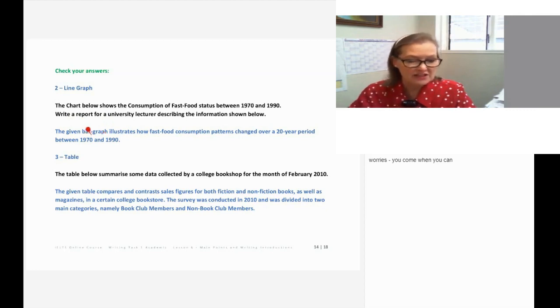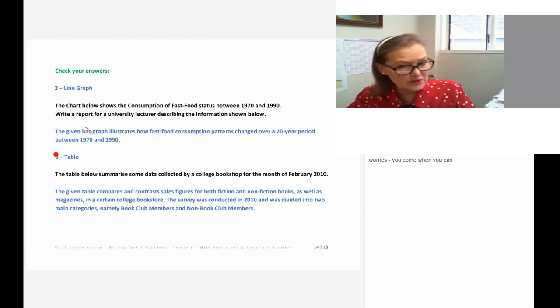And I've changed that to say the given table compares and contrasts sales figures for both fiction and non-fiction books, as well as magazines in a certain college bookstore. Have a look at this word certain. I'm going to come back and go through it one by one.